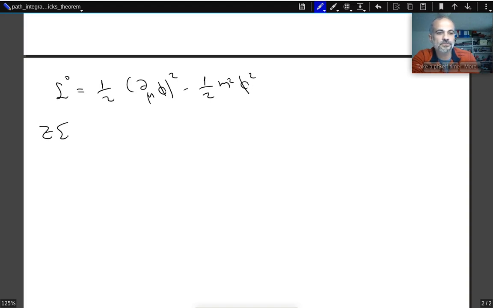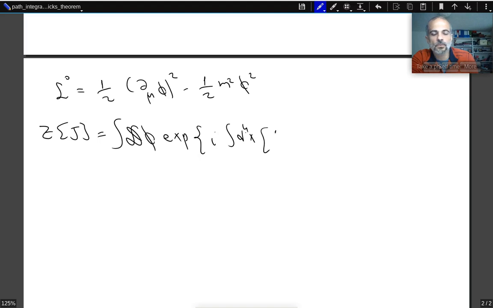So Z of J is the path integral of the exponent i integral d4x 1/2 (del mu phi) squared minus 1/2 m squared phi squared plus j phi.